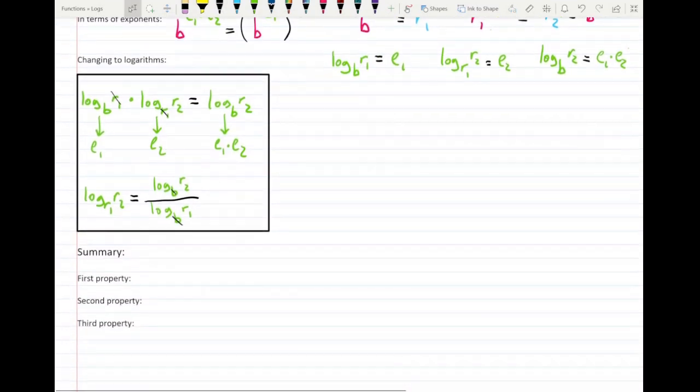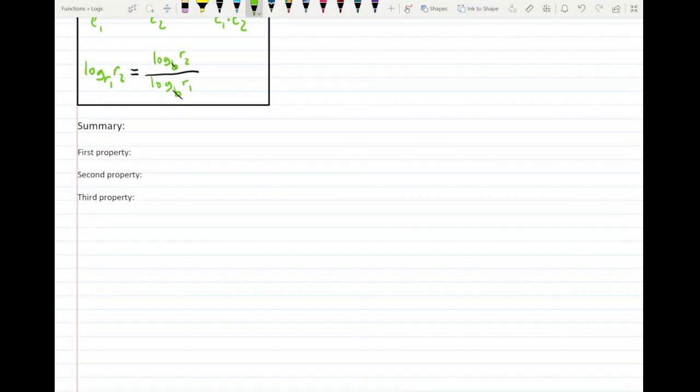So to summarize, today we derived 3 different properties from exponent properties. We first have that log base b of one result plus log of the same base b of a second result is equal to log base b of the 2 results multiplied. Secondly, we have that multiplying a log expression by a constant means that we raise the results to the power of that constant.